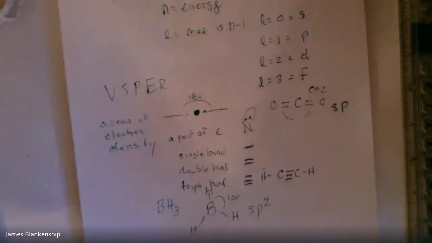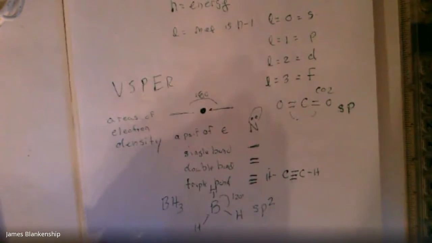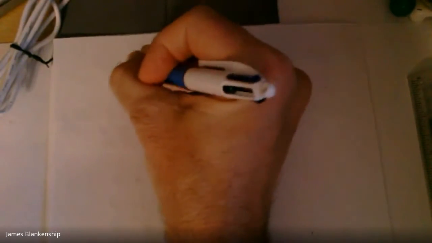Now the ones that start to depart from what we draw on the paper versus how it looks are going to start with this series. So I'm going to say that we have CH4. So we have carbon, we have a hydrogen here, a hydrogen here, a hydrogen here, and another hydrogen here.